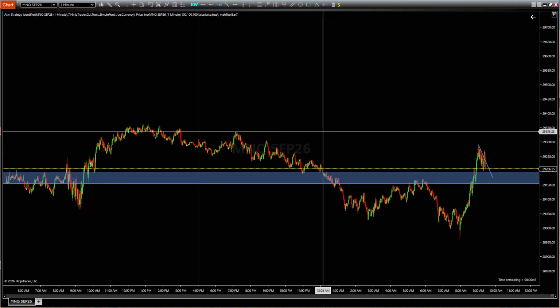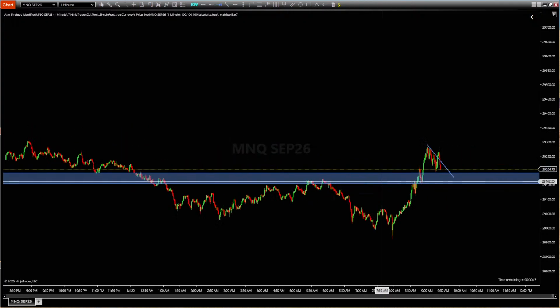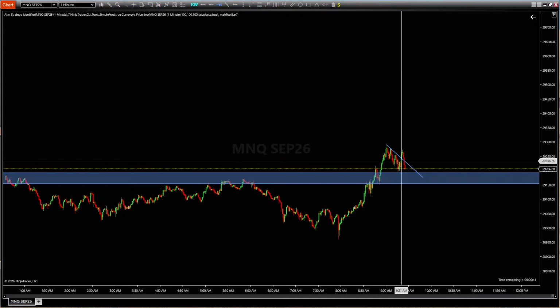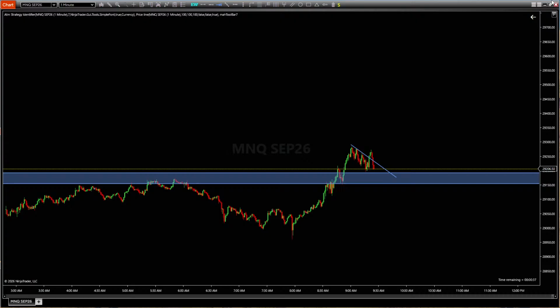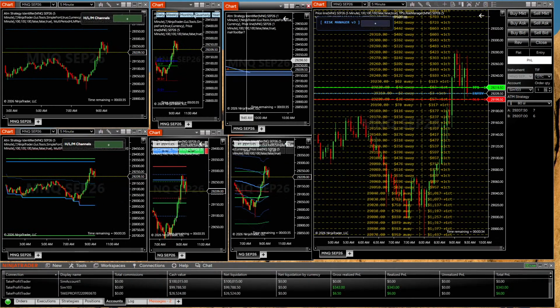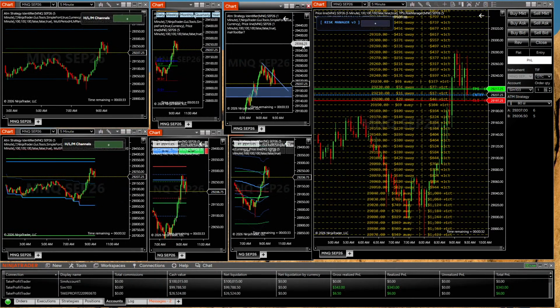So we got this high up here, 330s. And we've come all the way back in. 200s, they're trying to hold 200, man. They're trying to hold it.